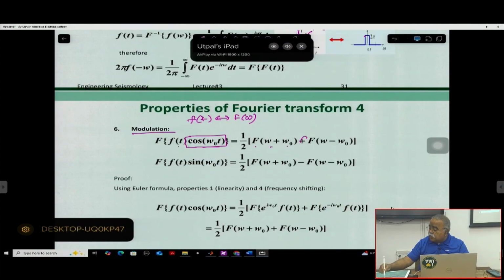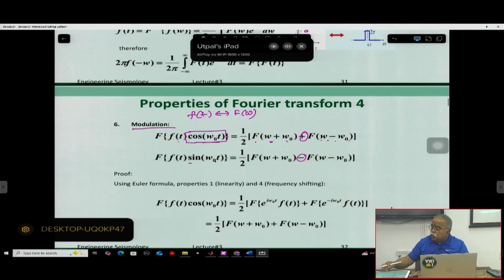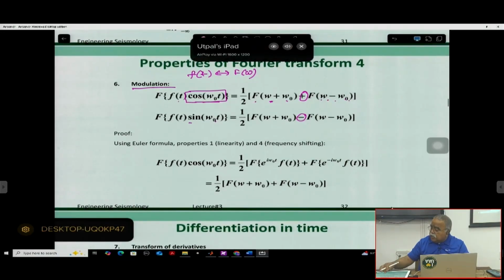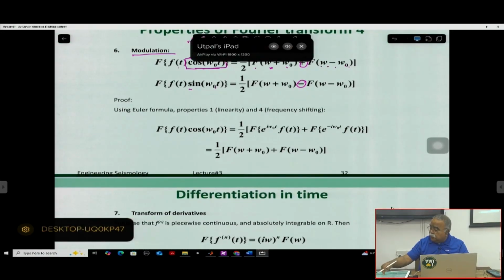In case of a cos, this is plus F of omega minus omega 0. In case of a sine, this will be minus. So omega plus omega 0 and omega minus omega 0 will appear if it is modulated by any cosine function, right? So I have a proof here.